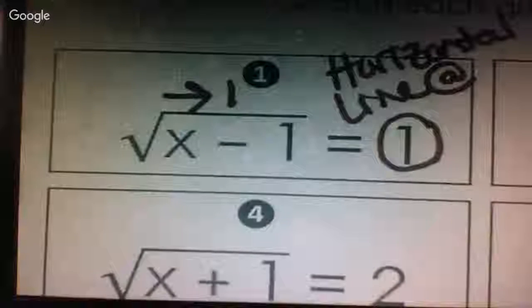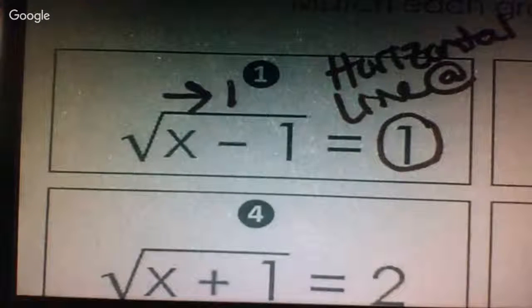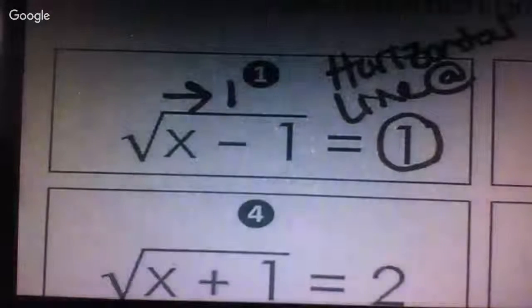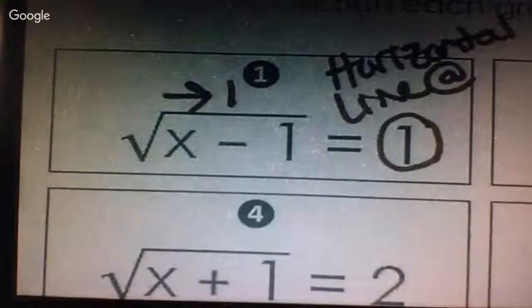What does that say? Horizontal line at. Okay, so my curved graph should move to the right by 1, and it should match a horizontal line at 1. Because when y equals 1, that's a horizontal line at 1. So you need to look at your graphs, find your one that moved to the right by 1, and a horizontal line at 1.